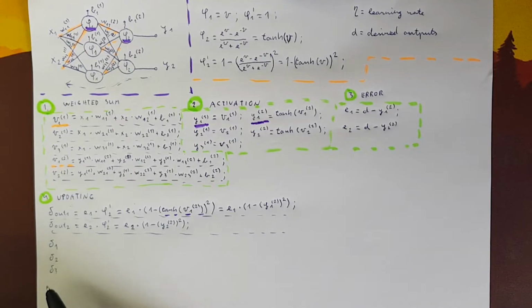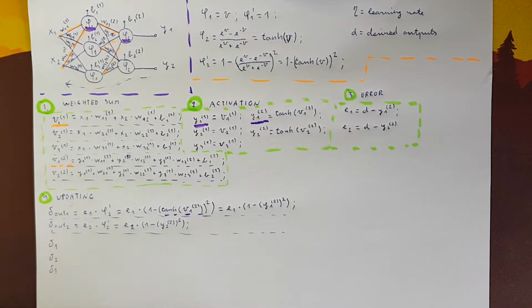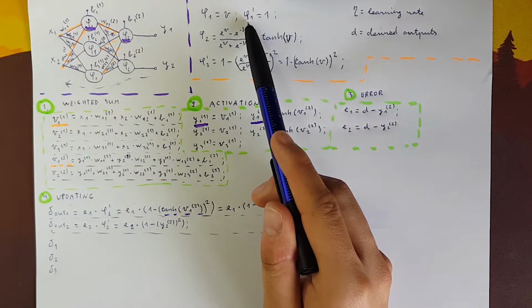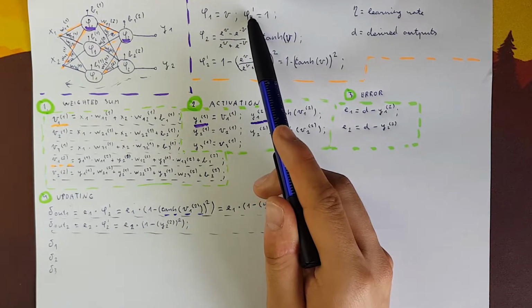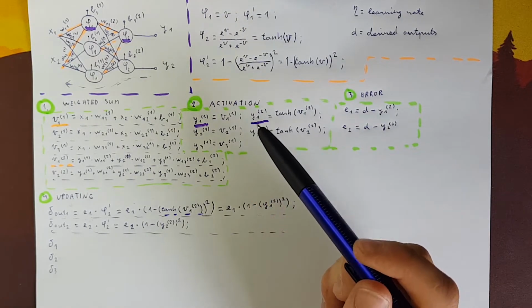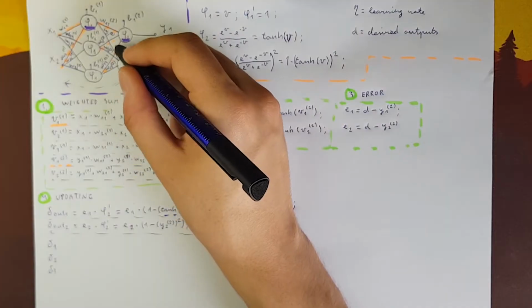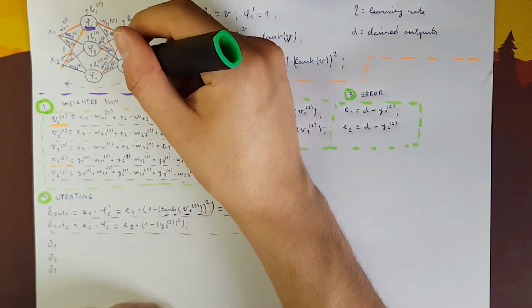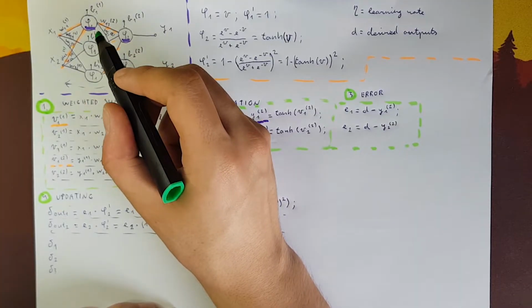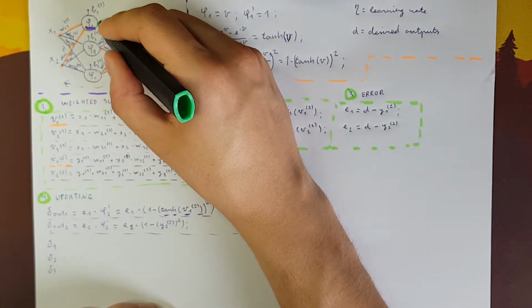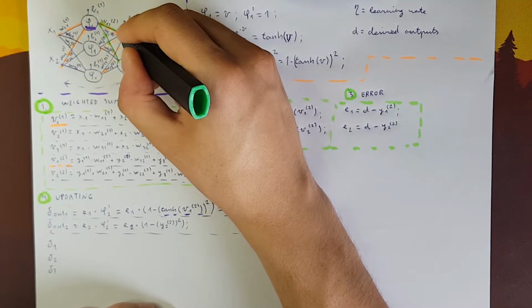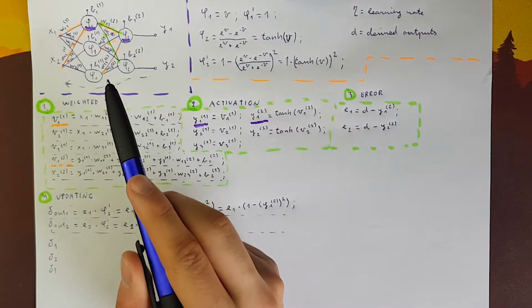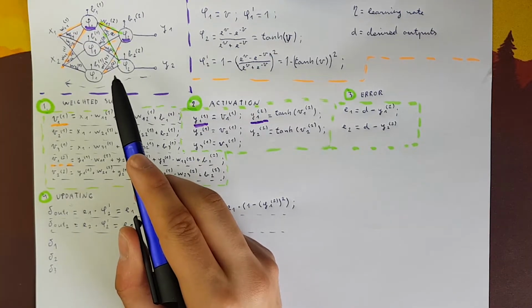To calculate these 3 deltas, we have to multiply our first layer activation function derivative, phi 1 derivative, which is 1, by each weight that comes back from our second layer. So let's take the first neuron as an example. I will draw it in green. We have these 2 weights, and we have to get the sum.